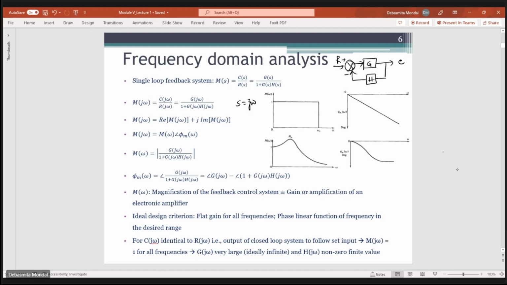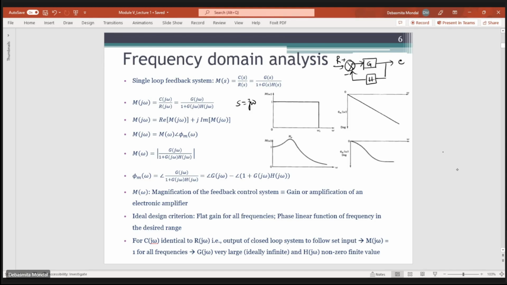But whenever we are dealing with a practical system, the design criteria is that either it should have a flat gain for all frequencies, or at least it should have a flat gain of 1 for a specific range of frequencies. So let's say from 0 to ωc, in this range we want to operate the input to the system.